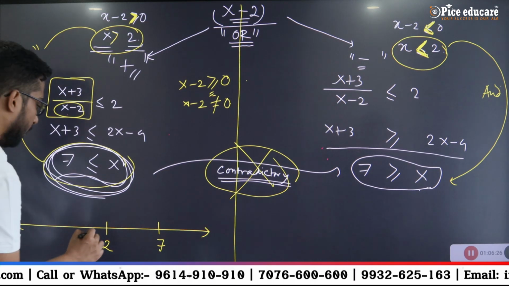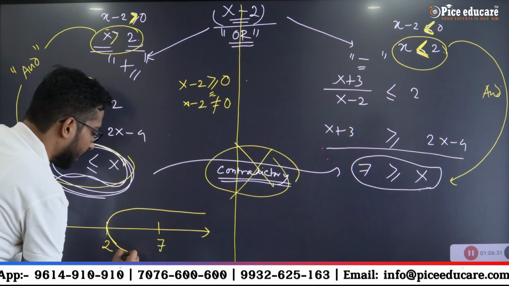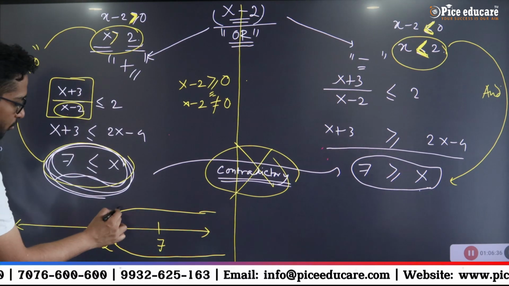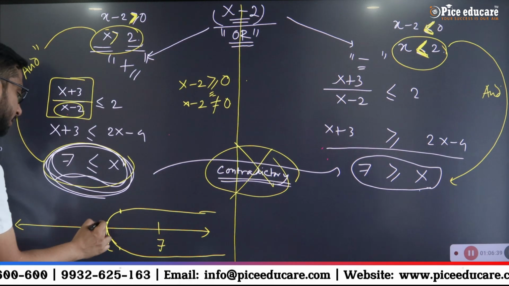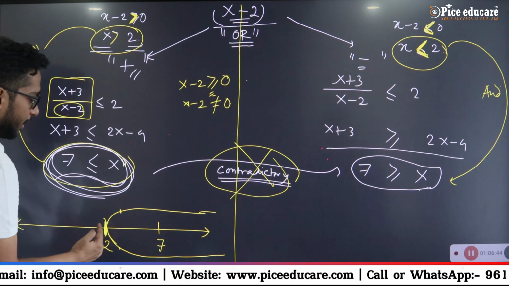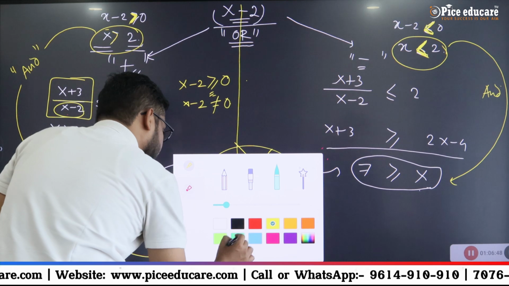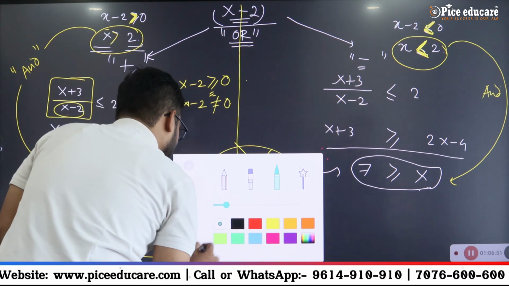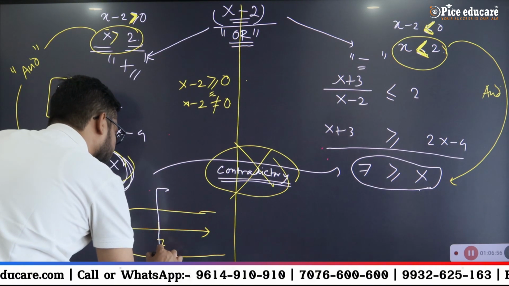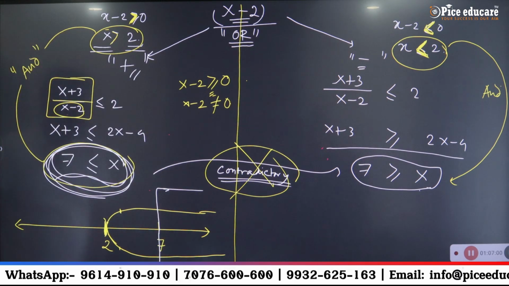So you can draw a first bracket like this, and the extension, to mention that I am starting with all the real numbers that are strictly bigger than 2. But simultaneously this also has to be true, that the number has to be bigger than or equal to 7.